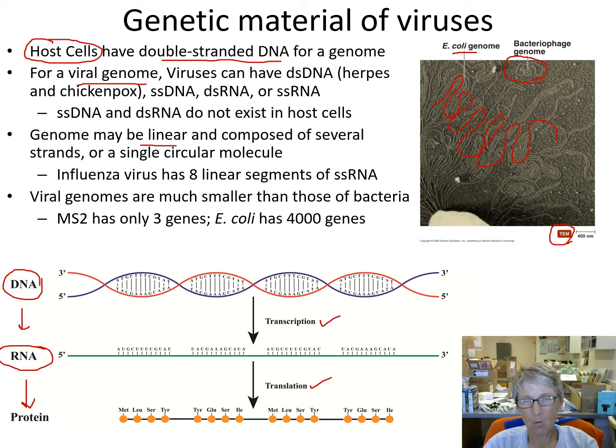We said the genome may be linearized, like our genome, or it could be a circular molecule, like the genome of the bacteria E. coli. It's a single circular molecule. And then it gives you some examples. Influenza virus has 8 linear segments of single-stranded RNA.